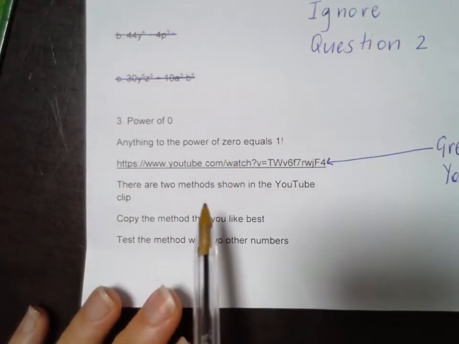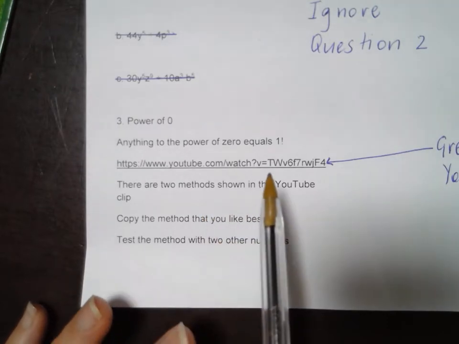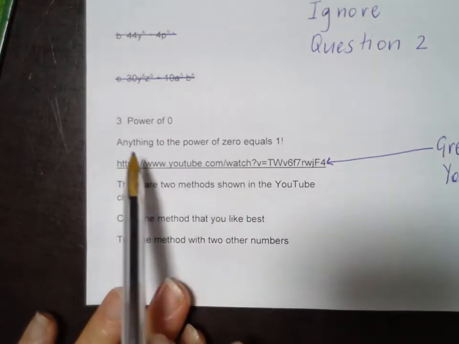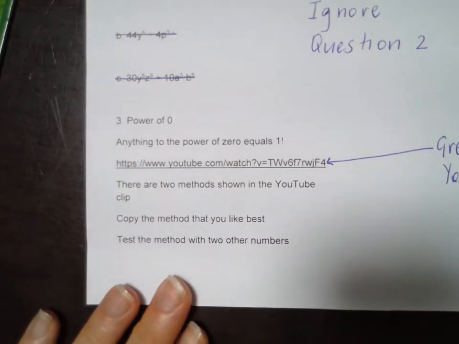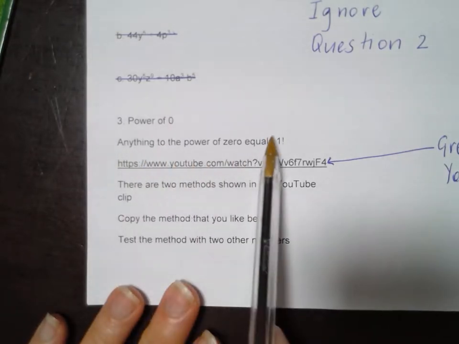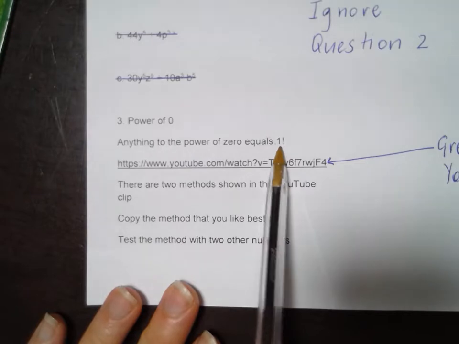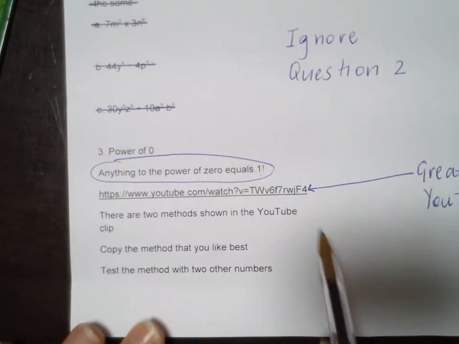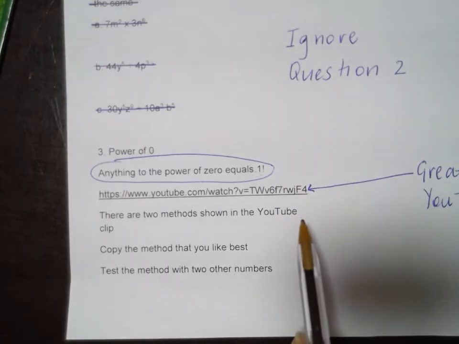Problem solving and reasoning type questions might ask you to explain or demonstrate or prove that anything to the power of 0 equals 1. So it's that deeper understanding of what is a pretty straightforward rule to remember. The rule itself is pretty straightforward to remember, but this YouTube clip shows you ways that you can prove or demonstrate or explain this rule.